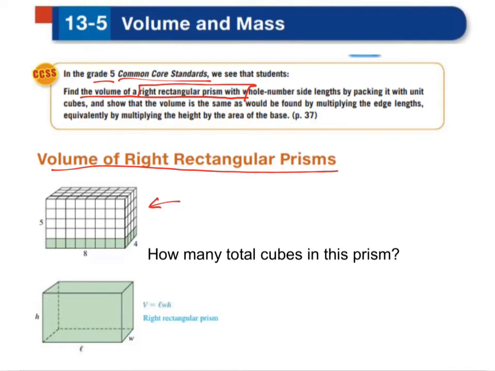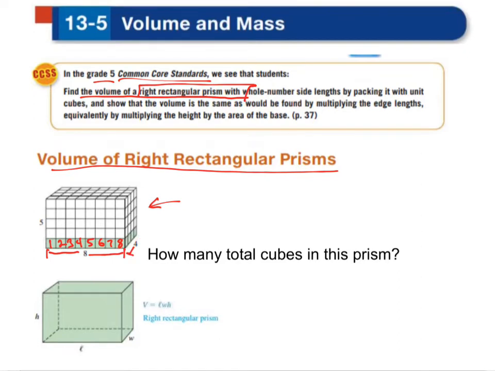Take a look at this thing here. Notice this big Rubik's Cube three-dimensional thing has 8 cubes on the bottom, right? 1, 2, 3, 4, 5, 6, 7. It's 8 cubes wide, and it's 4 cubes deep.